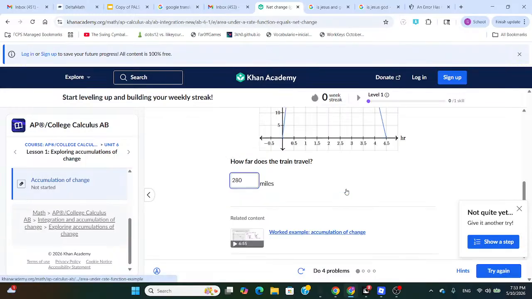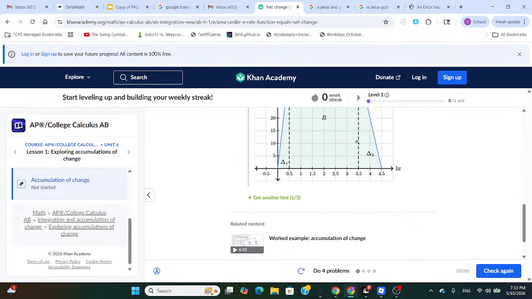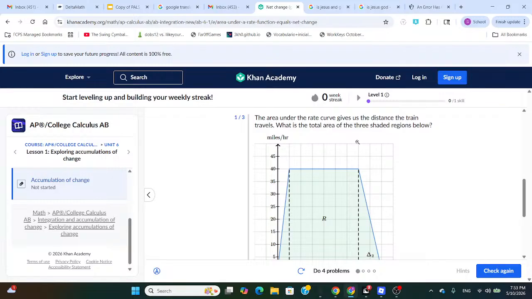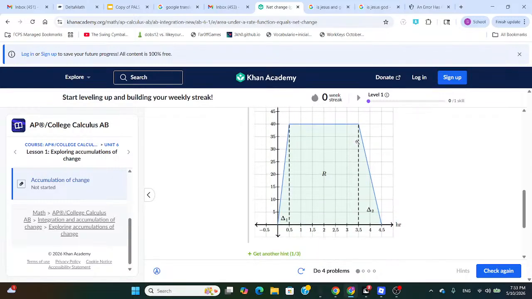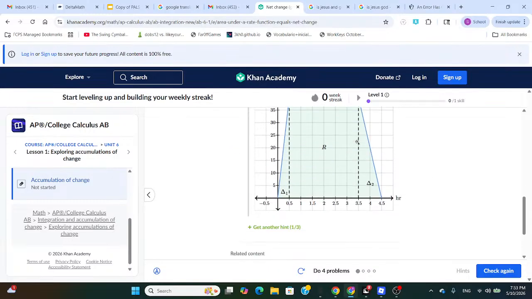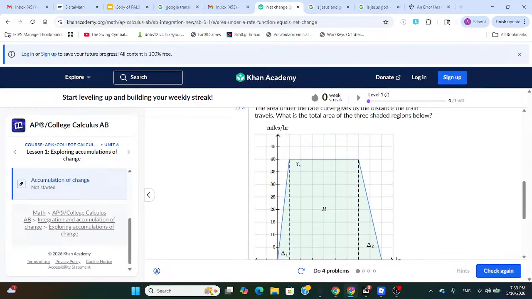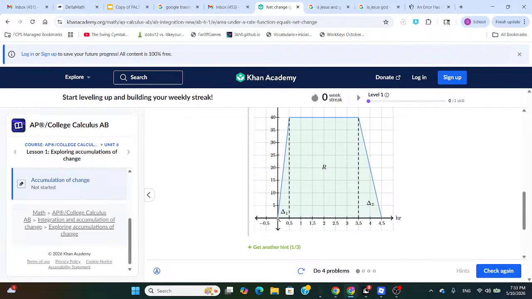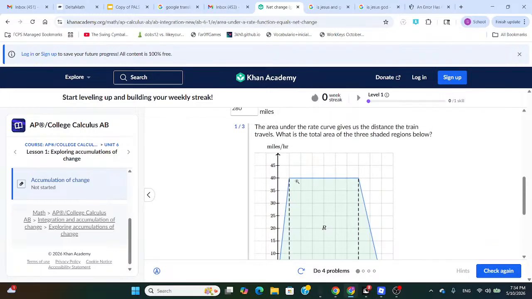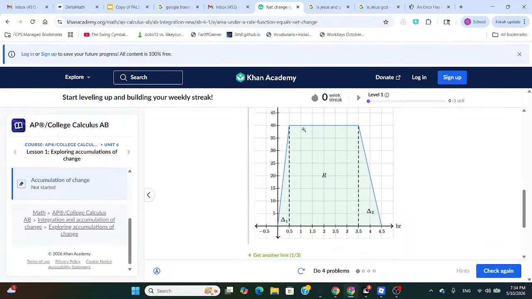Come on now, let's see a step. Bro, did I not do it correctly? You have to count up the squares. So from 0.5 to 3.5, you get 40.